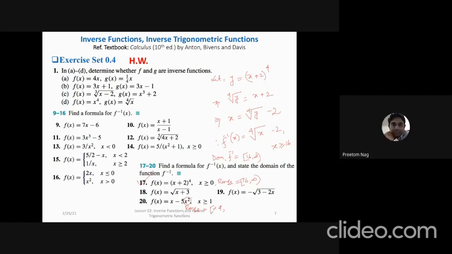As long as you increase the value of x, x square will be powerful, x square will be dominating. So if x is infinity, this result will become negative infinity. So the range is negative infinity to minus 4.